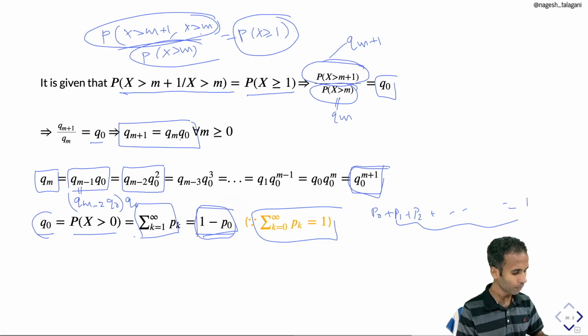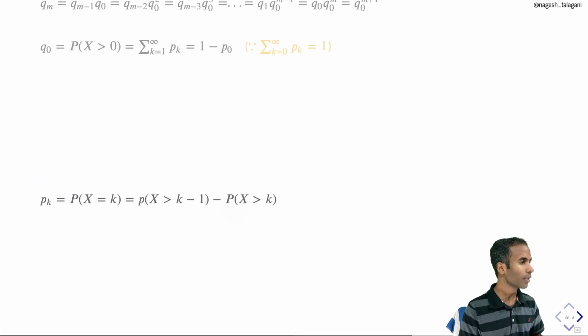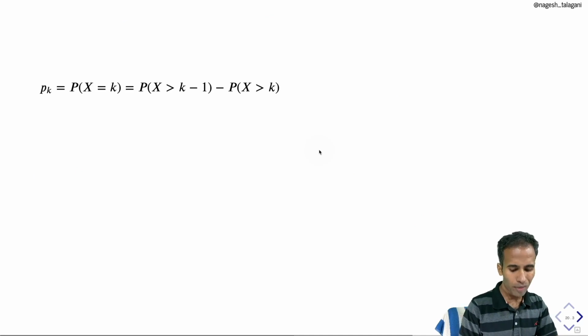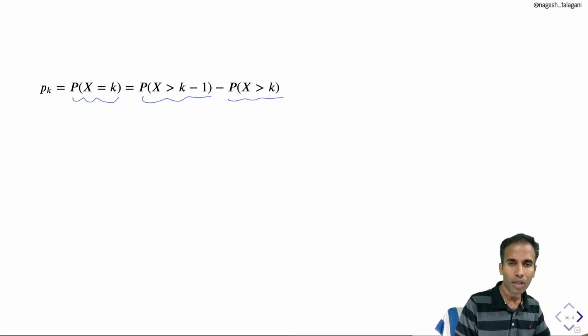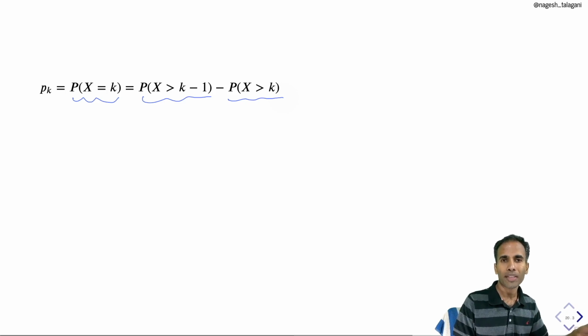Fine. Next, now P(k), which is the PMF value at k, that is the probability of x equal to k, we can express like this: probability of x bigger than k minus 1, minus probability of x bigger than k. Because x bigger than k minus 1 means x can be k plus 1, k plus 2, k plus 3, and so on. From that, you are subtracting the possibility of x being k plus 1, k plus 2, k plus 3, and so on. So the only favorable thing is x must be equal to k.